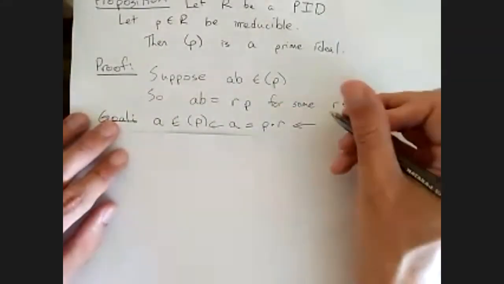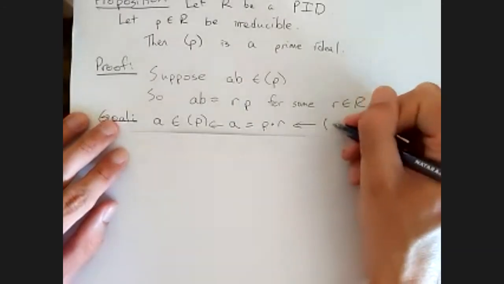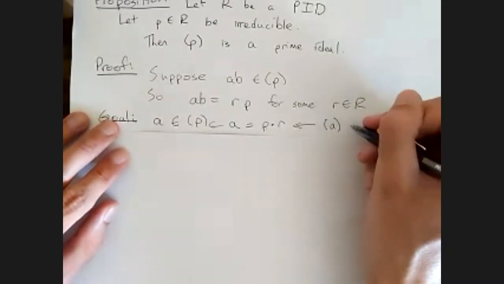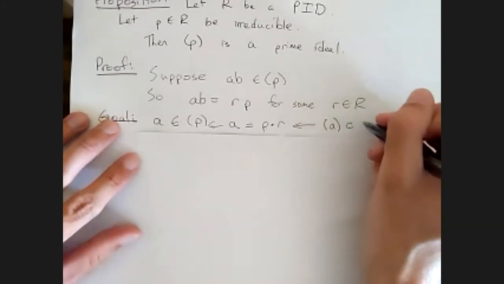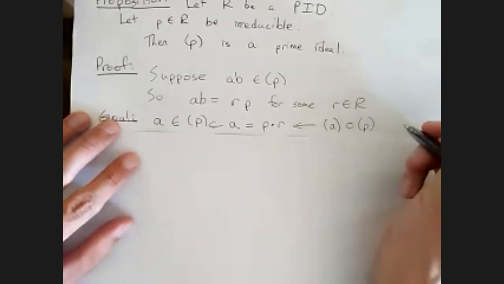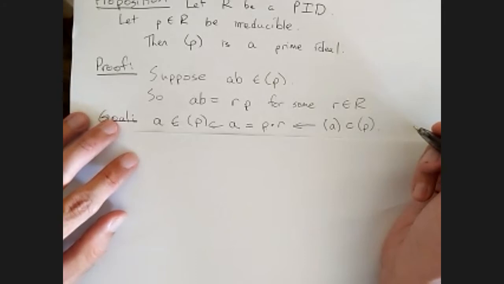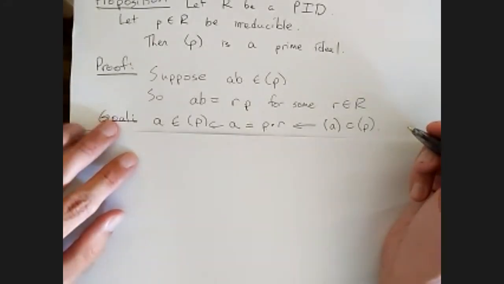And then a condition that would imply that is to say that the ideal generated by A is contained in the ideal generated by P, I think. Yes.